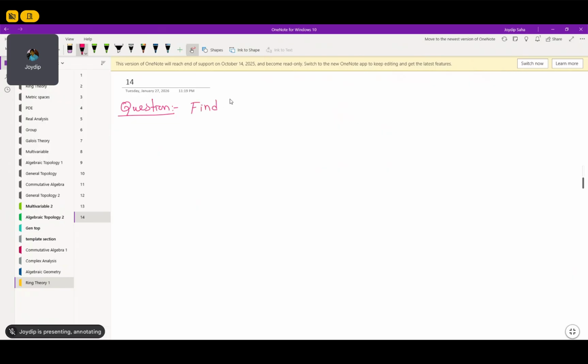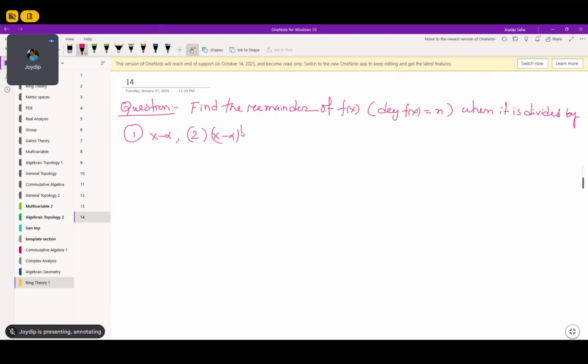Find the remainder of f(x), degree f(x) equals n, when it is divided by (x - alpha)^k, 1 ≤ k ≤ n.